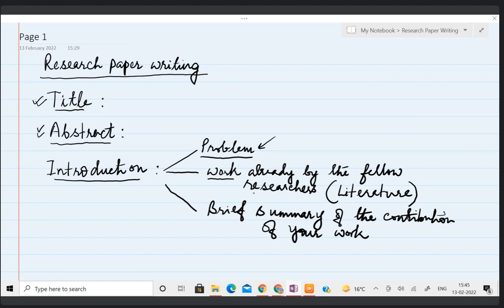Okay, and normally this part is of 2 or 3 pages, depending on the length that is desirable by the journal in which you are publishing your work. And in some conferences, the total length of the paper, as asked by the publisher, is very less, say 6 pages or 8 pages. Then you have to restrict this to 1 or 1.5 pages. So normally the introduction should be in 1 to 2 pages.